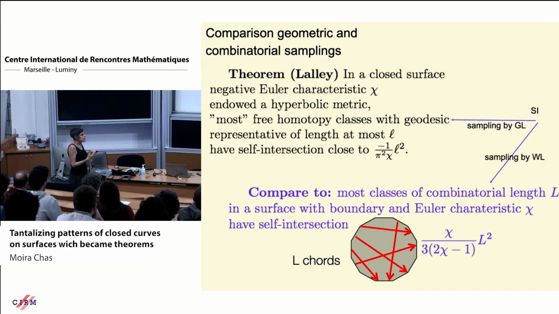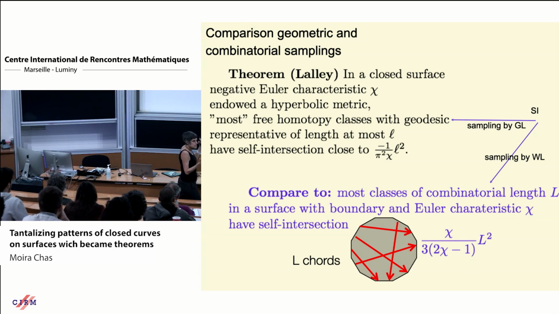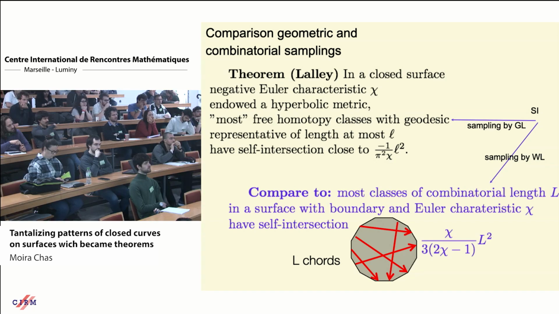So it's a different behavior, because even if the discrete, combinatorial word length world mirrors the geodesic length world a lot, here is a case where they differ.